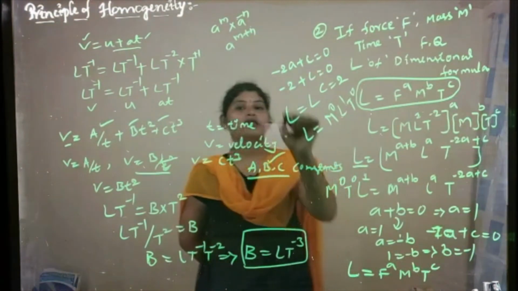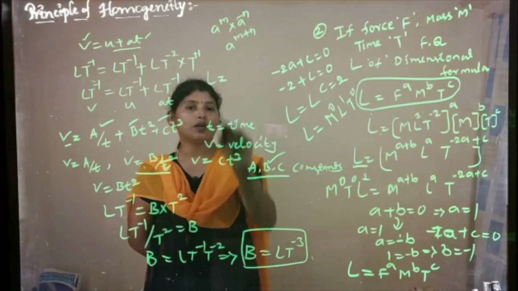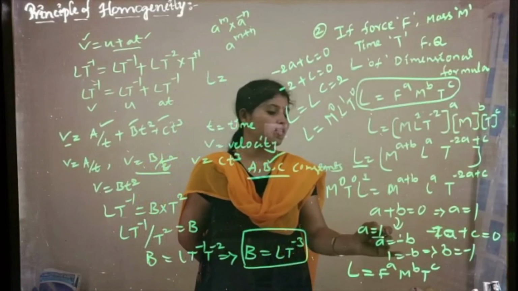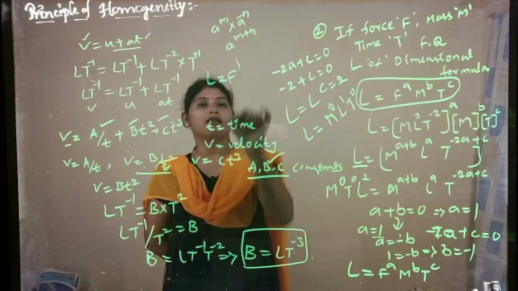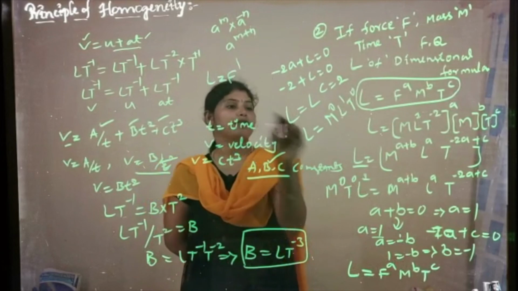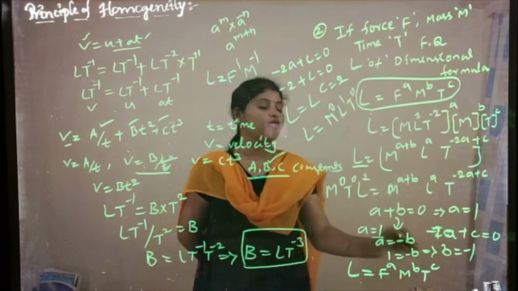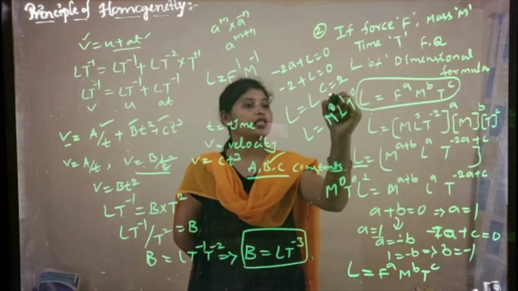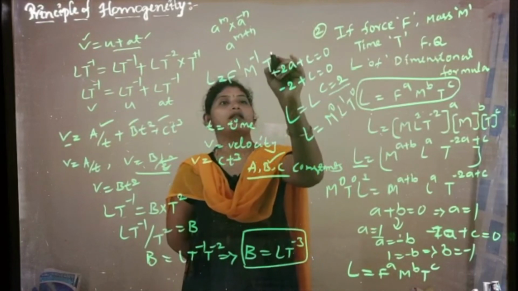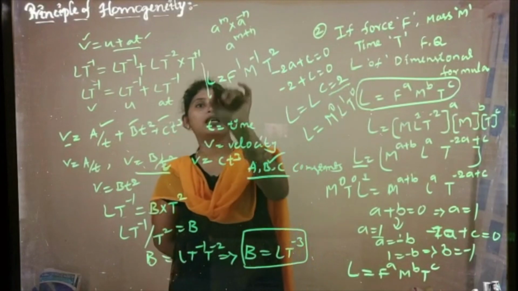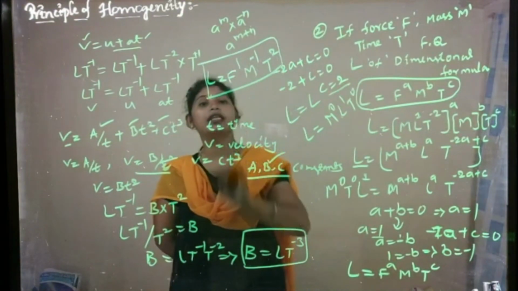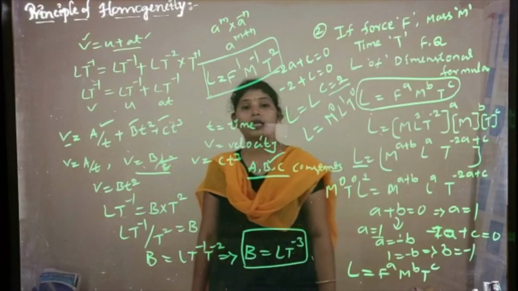So L equals F power 1, M power minus 1, T power 2. This is the dimensional formula of length in terms of force, mass and time.